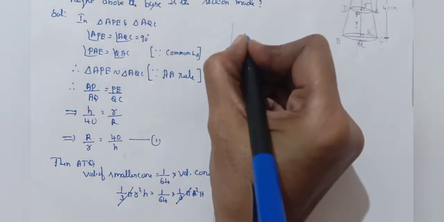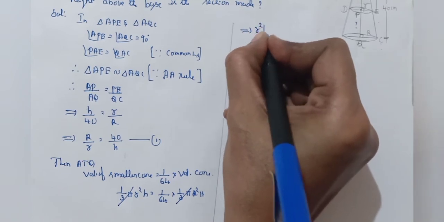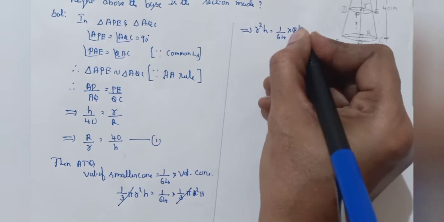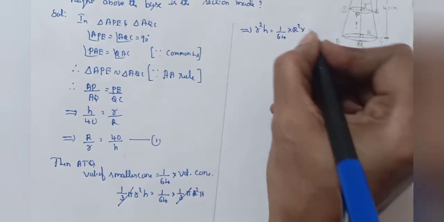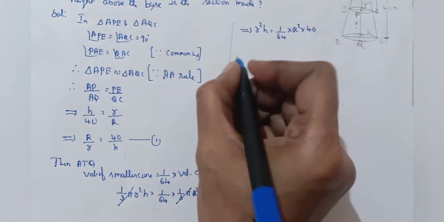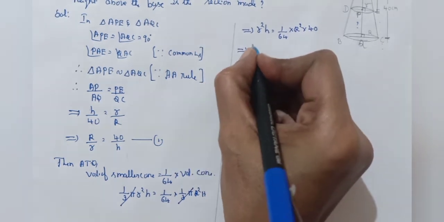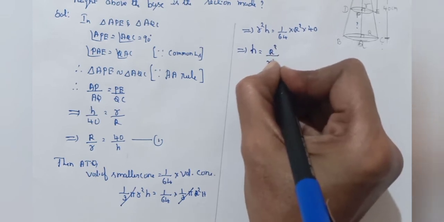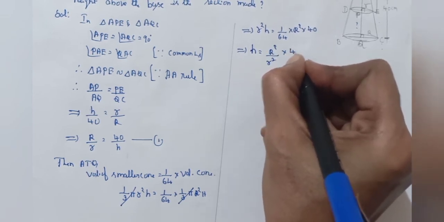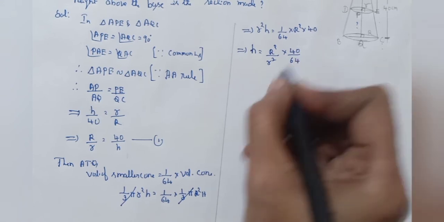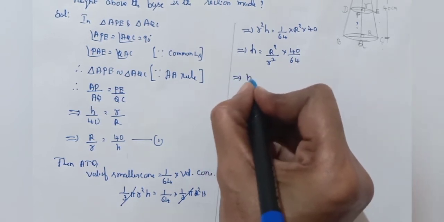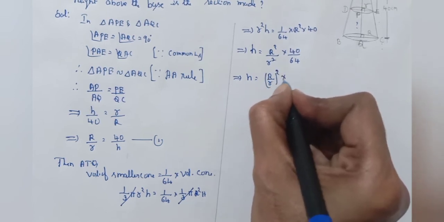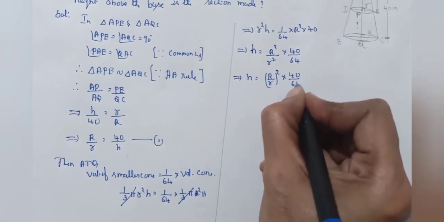Next, r square h is equal to 1/64 into capital R square, and the height of the whole cone is 40. Next, h is equal to capital R square by small r square into 40 by 64. We can write h is equal to capital R by small r whole square into 40 by 64.